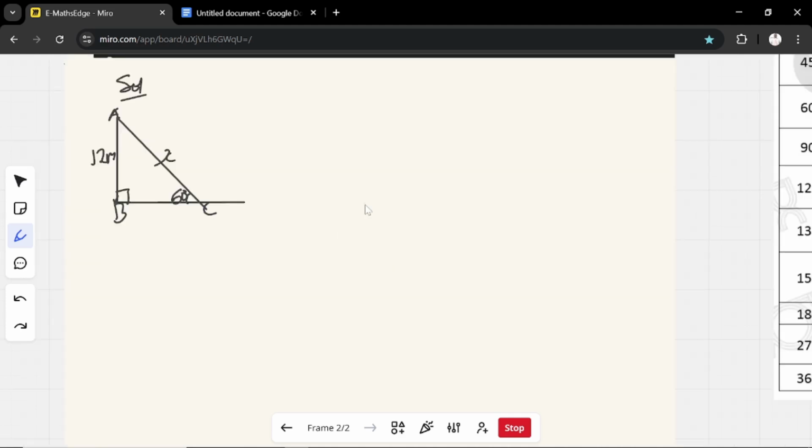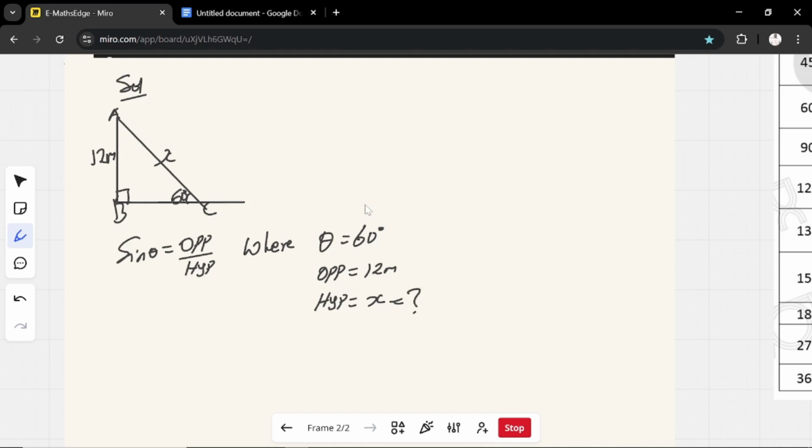All right, so since we figured out that sine theta, which is equal to opposite over hypotenuse, is the best formula to use, where theta is equal to 60 degrees and opposite is equal to 12 meters, and the hypotenuse, which is x, is what we are to obtain.